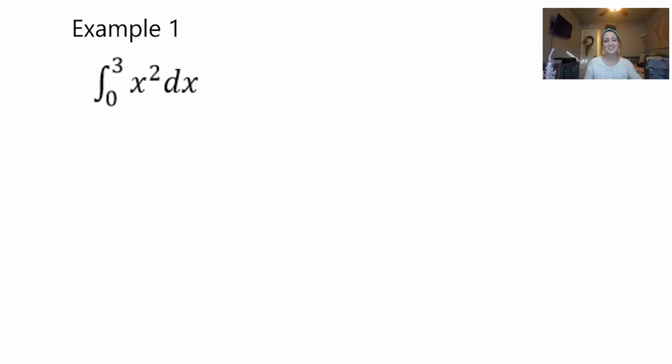Force pause on your screen, can you please copy example 1 in your notes? Okay, so our first goal, remember, is to identify a, b, f of x, and also delta x. So for a, what do we have there? A is going to be 0 right here. What is b?